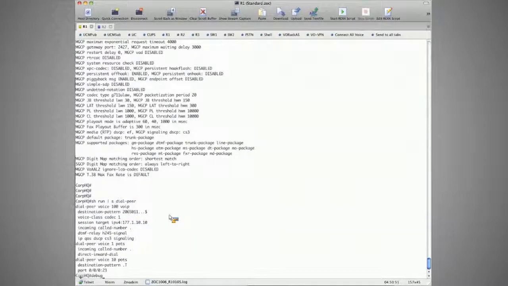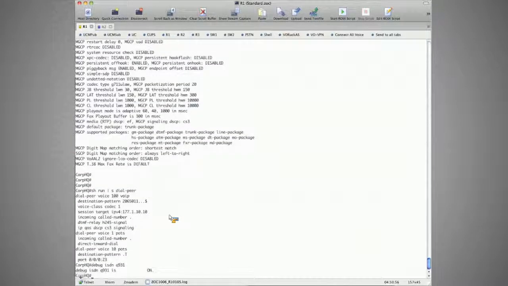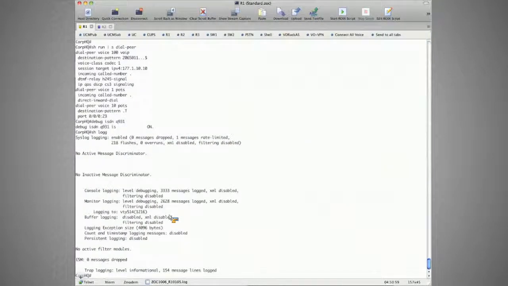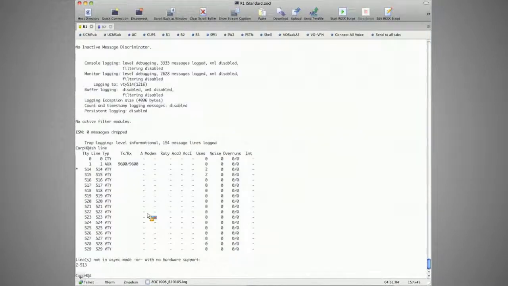Okay, so let's debug ISDN Q931, and let's show logging, ensure that our termmon is on. It is, to 514, which if we do show line, that's us. Now let's call out to the PSTN.